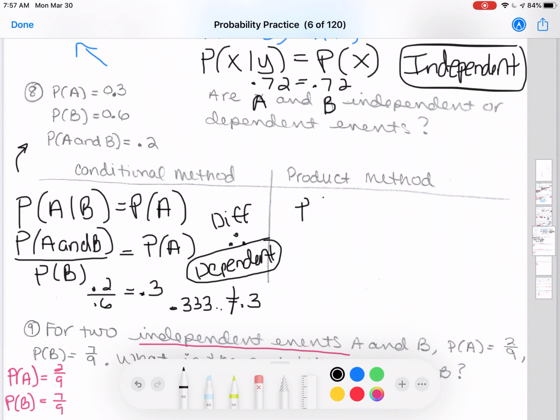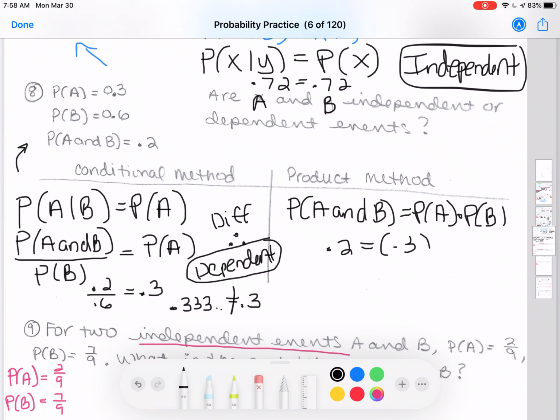So the product rule is the probability of A times the probability, oopsie, let's fix that. Write the and first. So the probability of A and B is equal to the probability of A times the probability of B. So we have 0.2 equals 0.3 times 0.6.